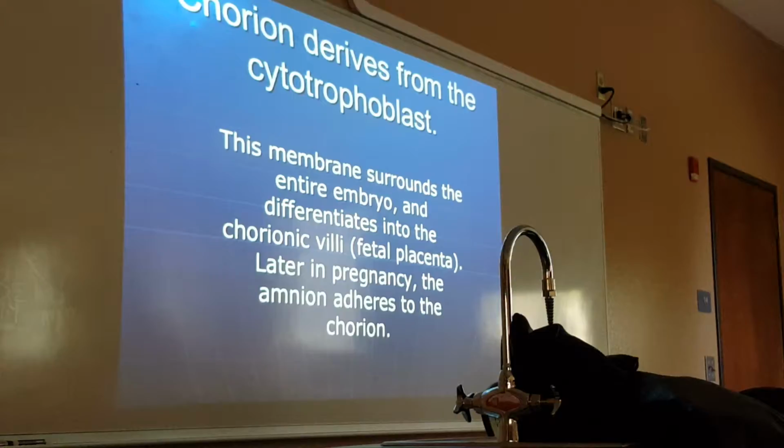And the whole works presses up against the inside of the uterus and starts to distend the uterus. At about 12 weeks, the embryo starts to distend the uterus a little bit, press against the sides, and the uterus starts to change shape.